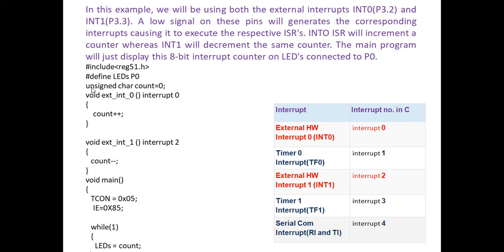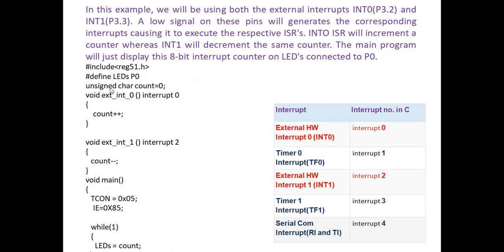Because usually the practice when writing embedded C programs for the 8051 microcontroller is to use unsigned char or signed char. Don't use unsigned int or signed int. Why? Because unsigned char and signed char are 8-bit, so they occupy only 1 byte of memory space in the program memory.